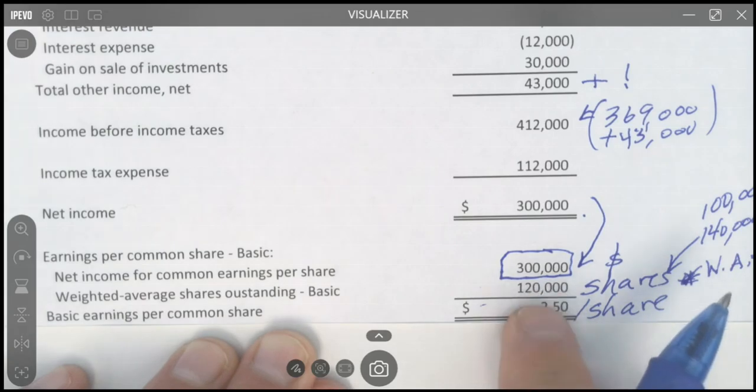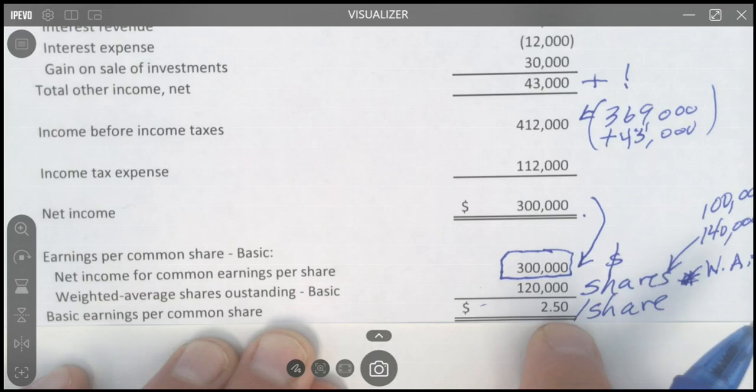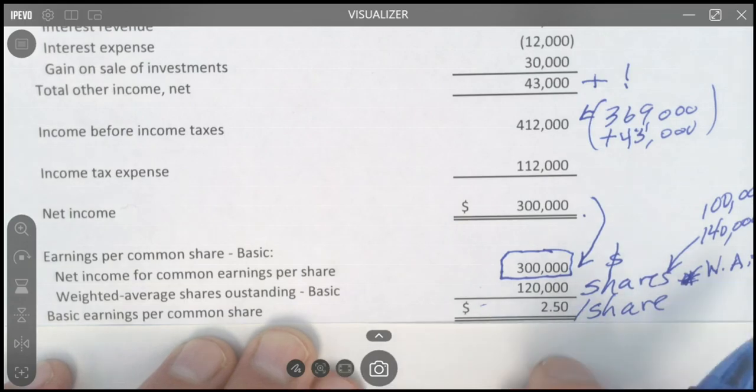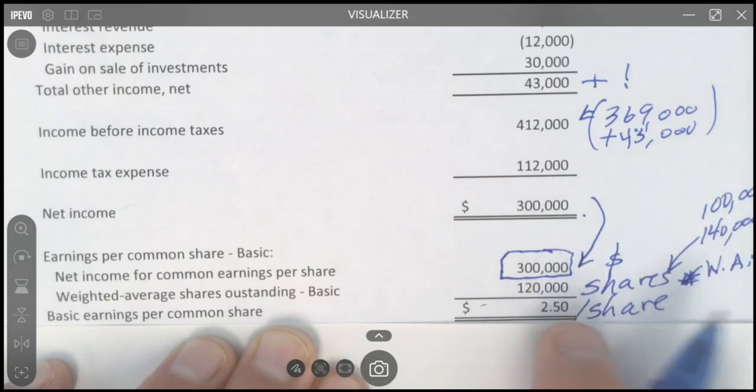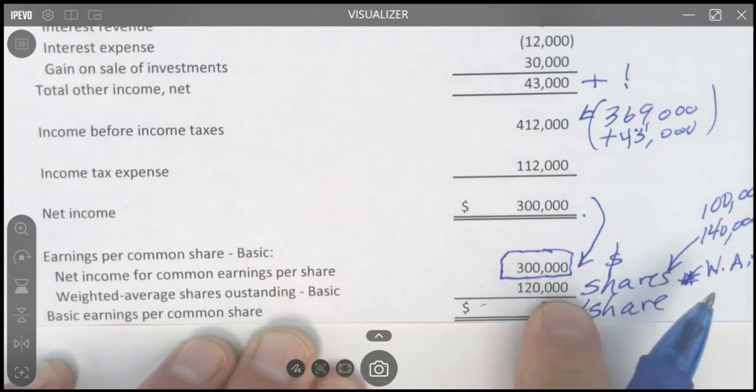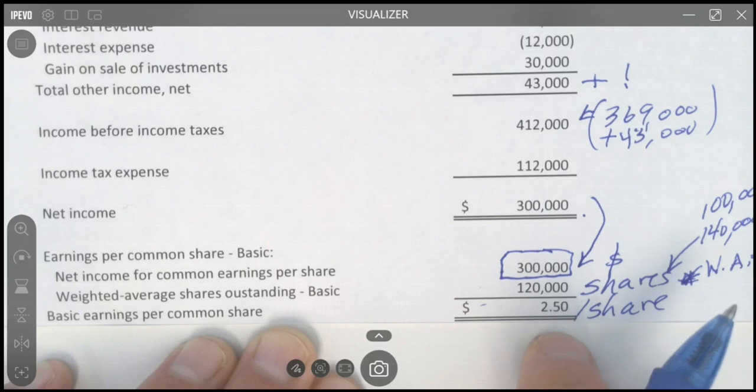Conversely, we might have said ending shares 140,000. Well, that would have understated the earnings, how happy the common shareholders are, because the ones that held shares between January and June 30th, well, those earnings were split by only 100,000 shares.